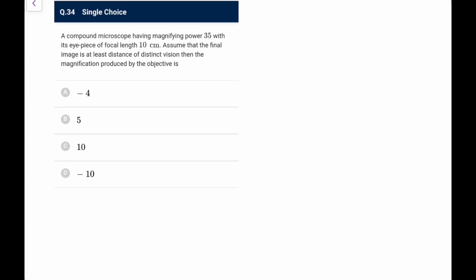Next, a compound microscope having magnifying power 35 with an eyepiece of focal length 10. Assume the final image is at the least distance of distinct vision, that is the near point adjustment. Magnification we typically write as MO into ME. Because it is at the least distance, ME is equal to 1 plus D by FE.